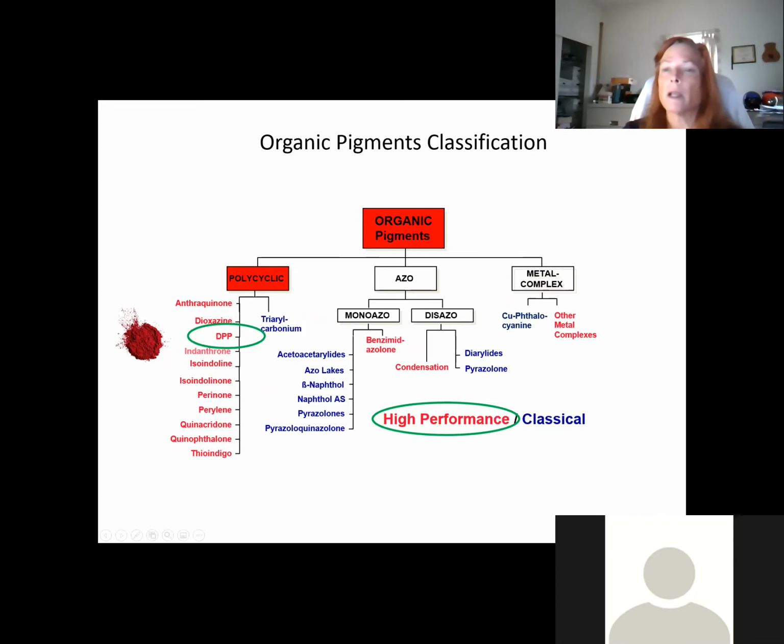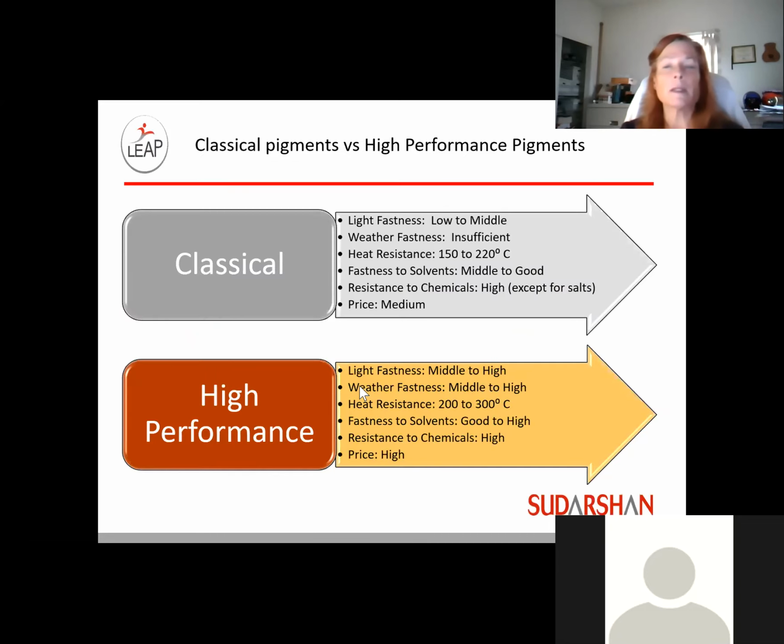These are considered high performance pigments versus the classical pigments, and just a little bit of a comparison between the classical and high performance pigments. One of the main areas is of course light and weather fastness, where the high performance pigments will provide you with the most durable pigment for exterior applications.